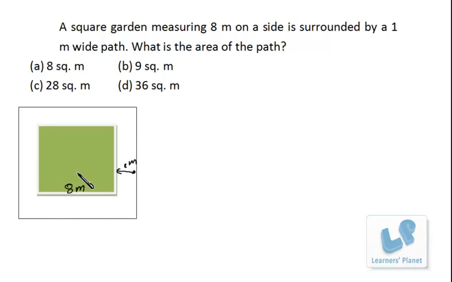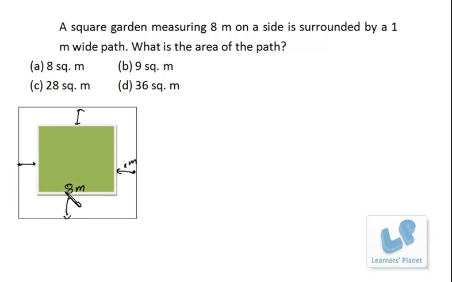Now if this is a square and this is 1 meter, its width is same on all the sides, that means this outer body is also a square shape. Now if we wish to find out the area of this path, we should find out the area of the outer square, then deduct the area of the inner square, so we will be getting the area of the path.